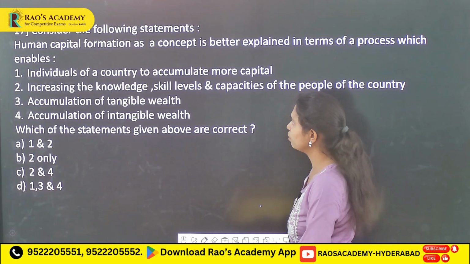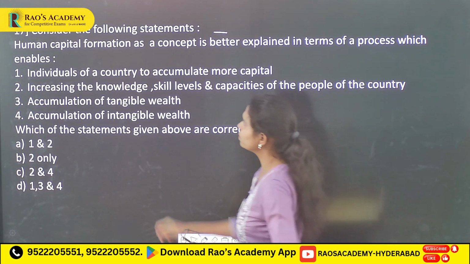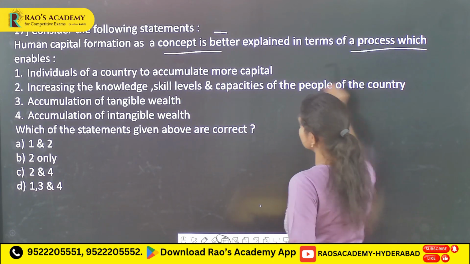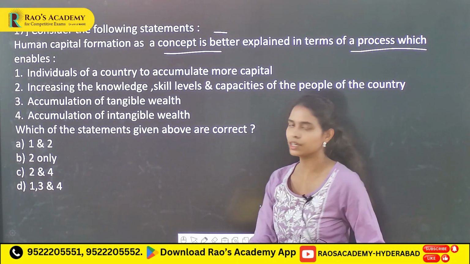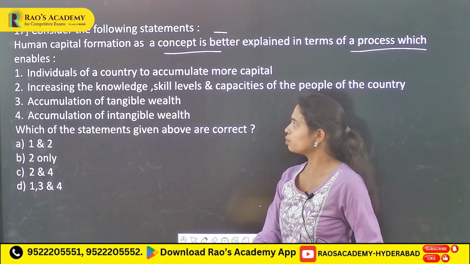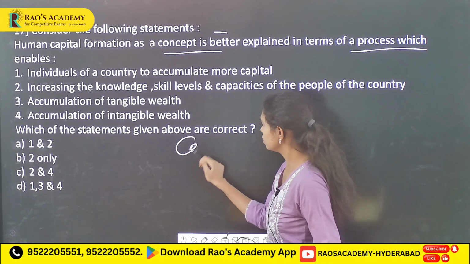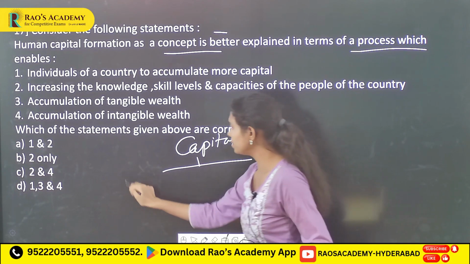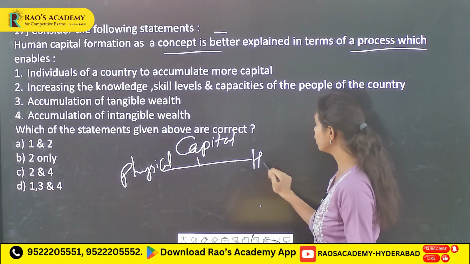Then, consider the following statements. Here it has given that human capital formation as a concept is better explained in terms of a process which enables, and it has given different statements with regard to human capital formation. So before getting into it, let me give you a brief background with regard to capital. Capital is of two types, physical capital and human capital.